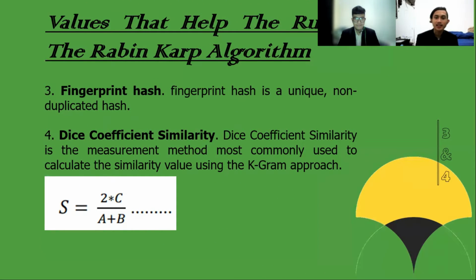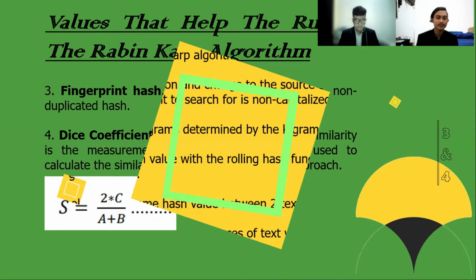A fingerprint is a unique and non-duplicated hash. Fourth, we have the Dice coefficient similarity. The Dice coefficient similarity is a measurement method most commonly used to calculate the similarity value using the k-gram approach. This is the formula for the Dice coefficient similarity.